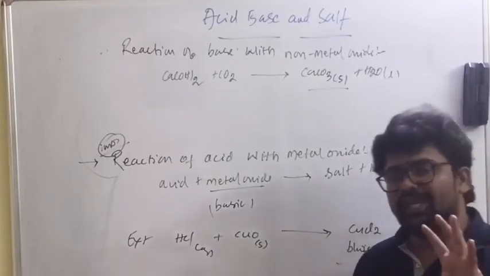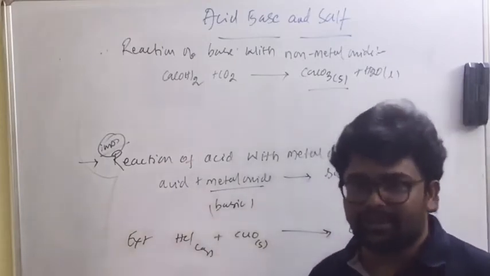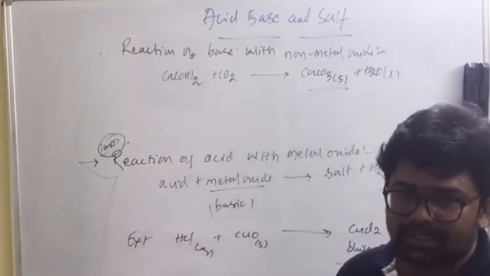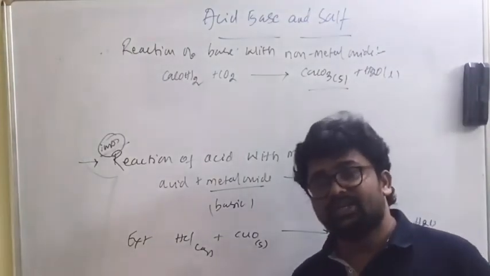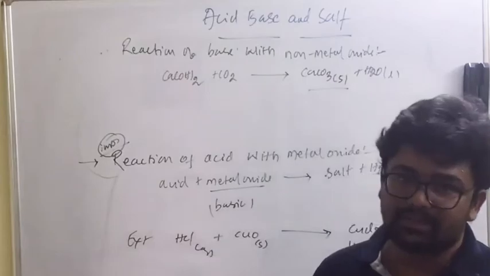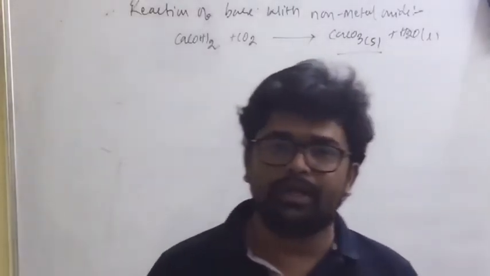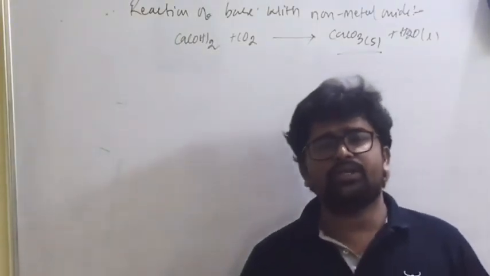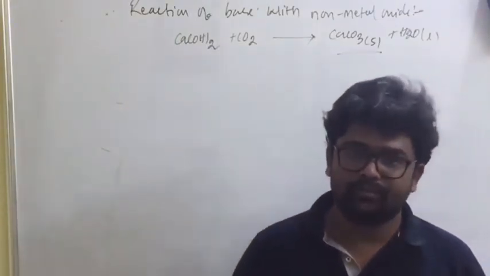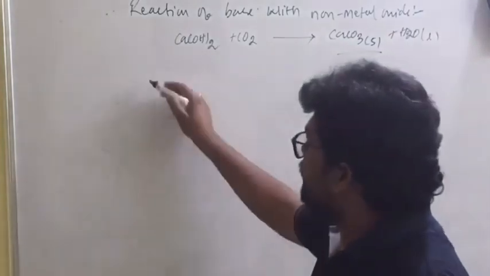So what do these acids and bases have in common? Let us try to learn what acids and bases have in common, and how we decide the strength of acids and bases. Let me put up some acids.